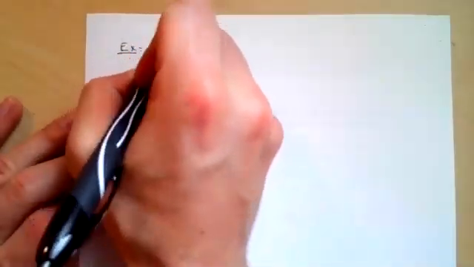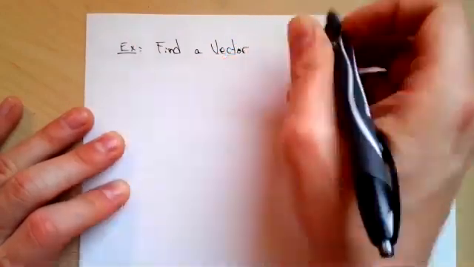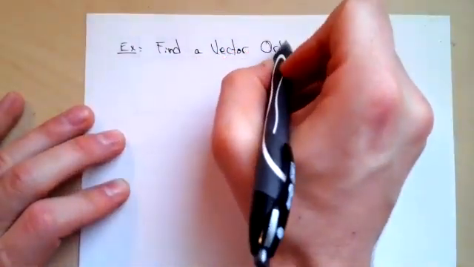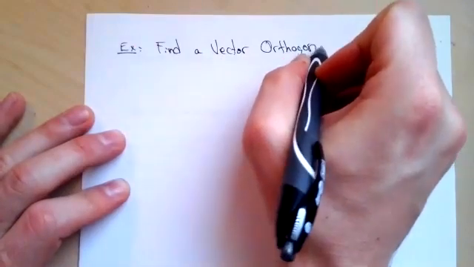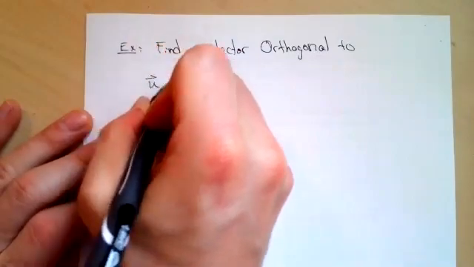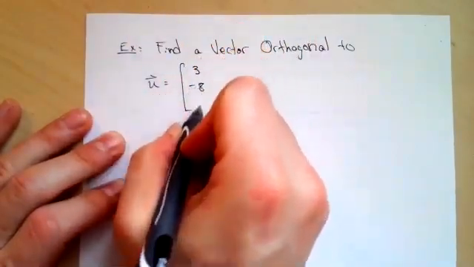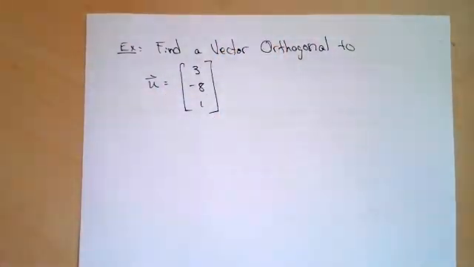So if we try to find a vector orthogonal to u equal to (3, -8, 1), we can use the same trick, but if we wanted to find all of them, we're going to have to be a little more careful. It's going to be a little more broad.